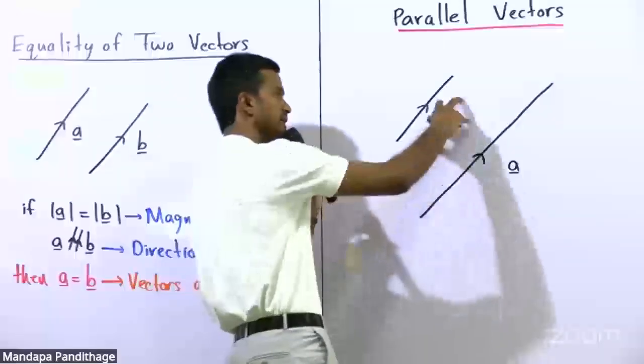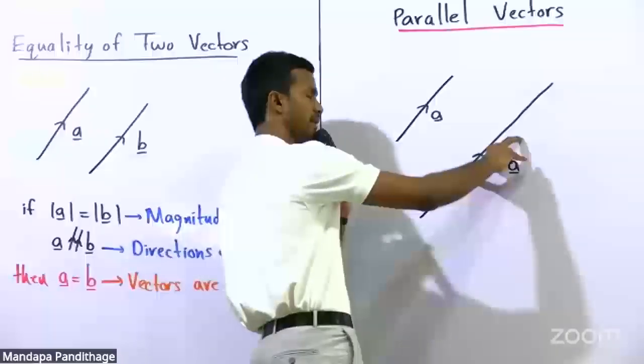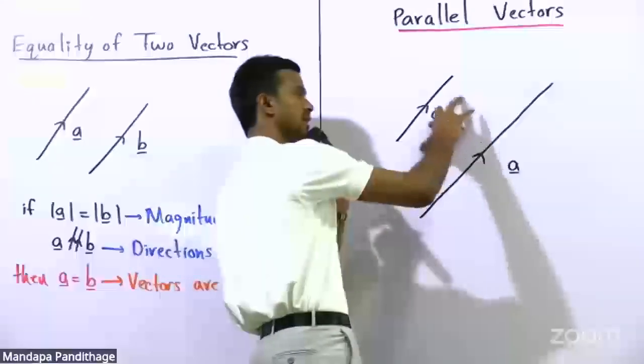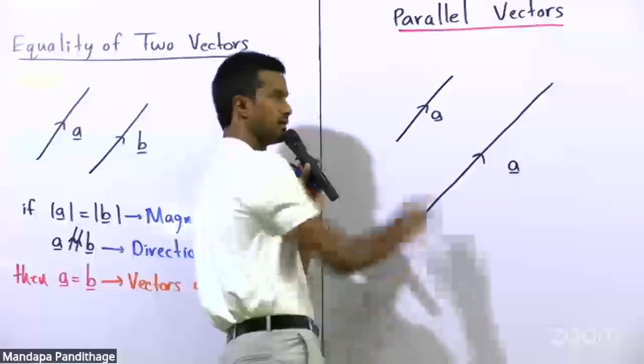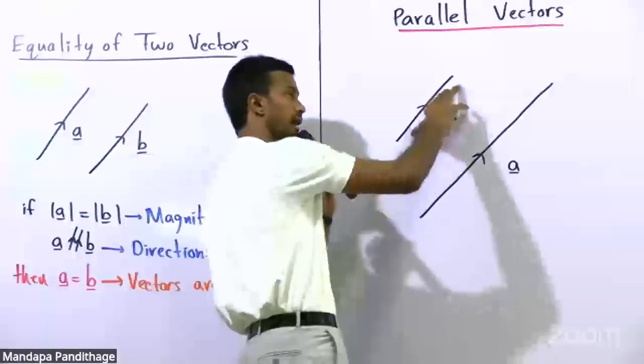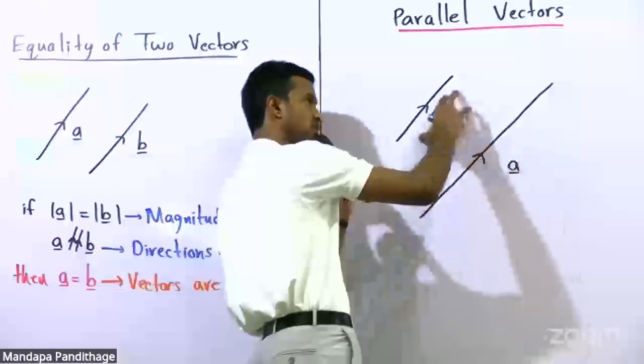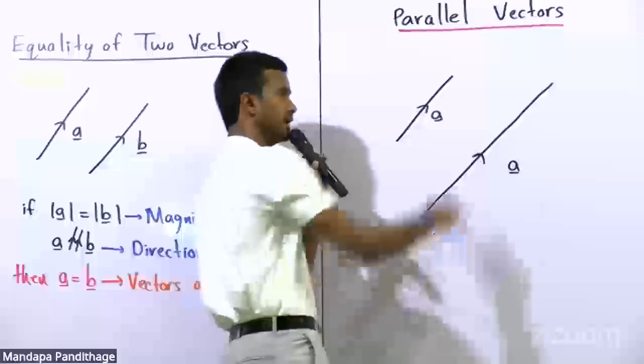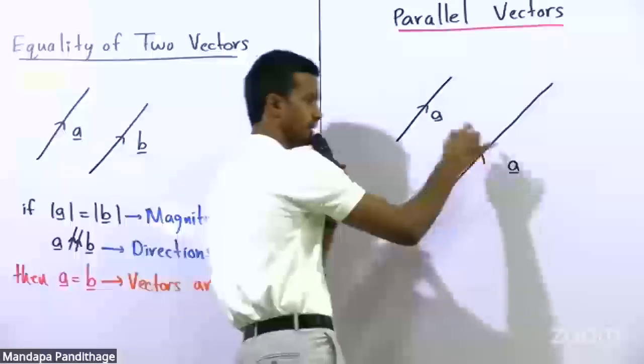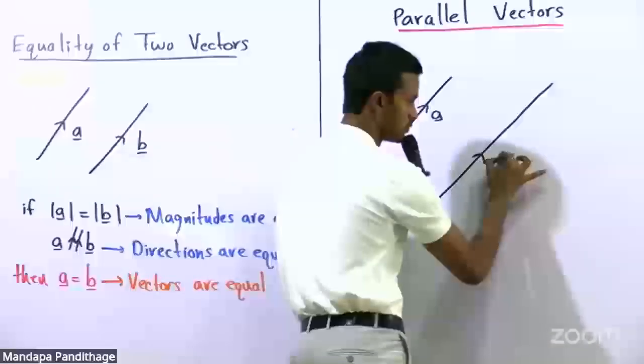Now let's say that this vector has a magnitude 2 times greater than this one. Then it is clear, if this is A, you can denote this one as 2A.